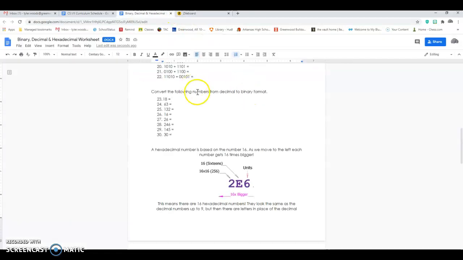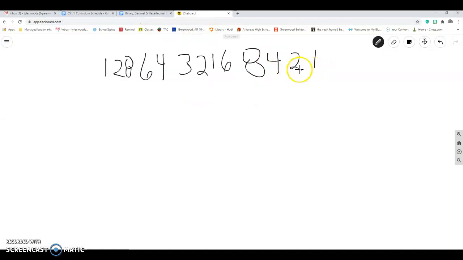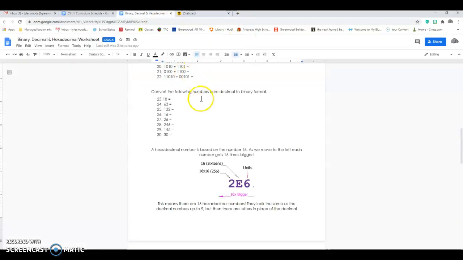Okay, and basically I've got my key up there, and this is messy. I know I could write it better than this, but anyways, it's 1, 2, 4, 8, 16, 32, 64, 128, and then it's 2-something after that.